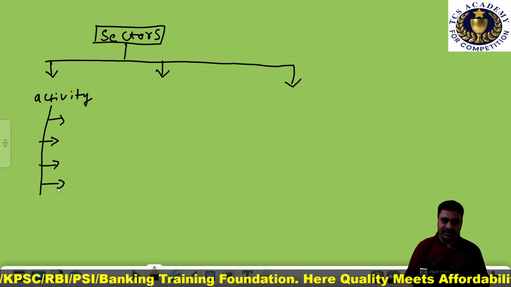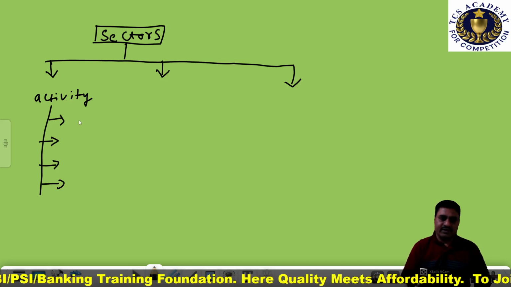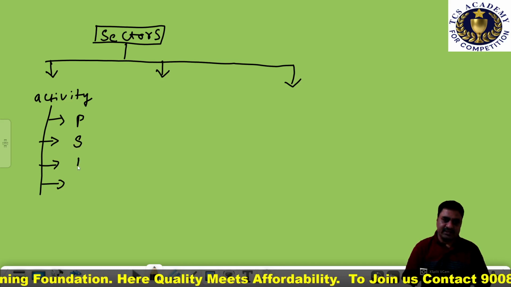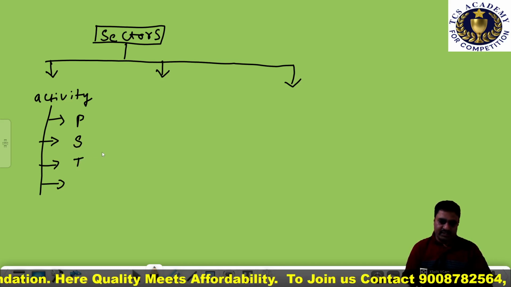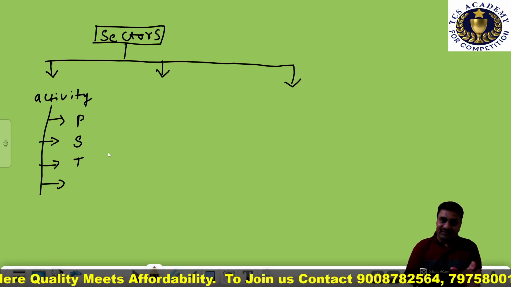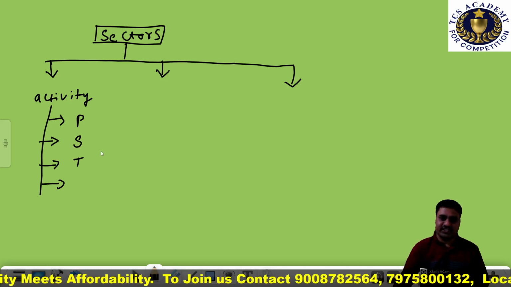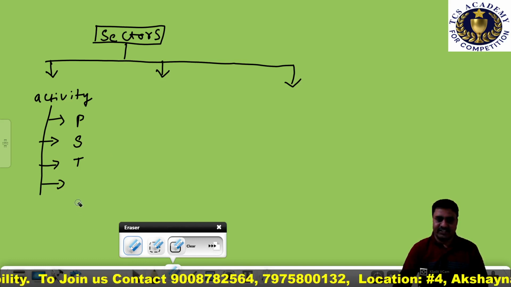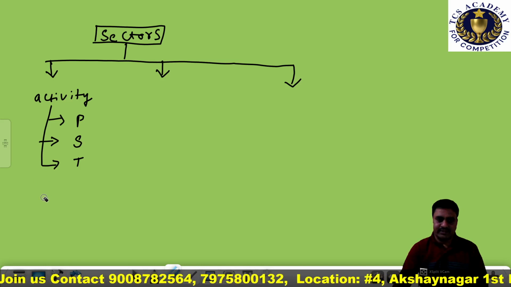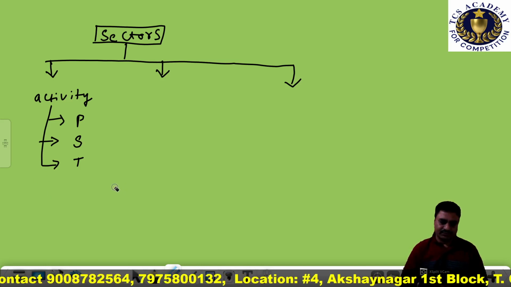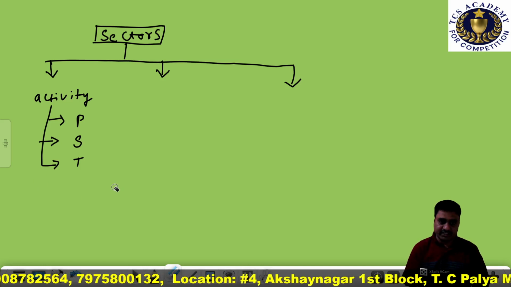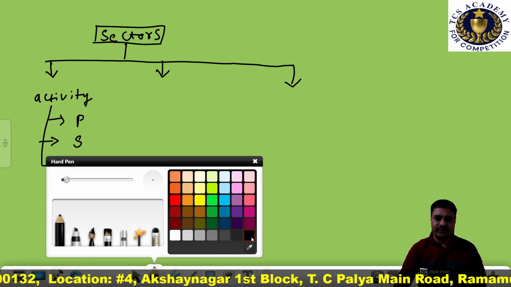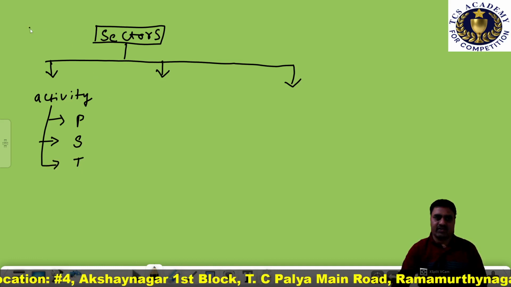Okay. Number one, primary sector, secondary sector, tertiary sector. And so we have subsectors of tertiary sector. Tertiary sector basically can be classified into different subsectors of an economy, right?